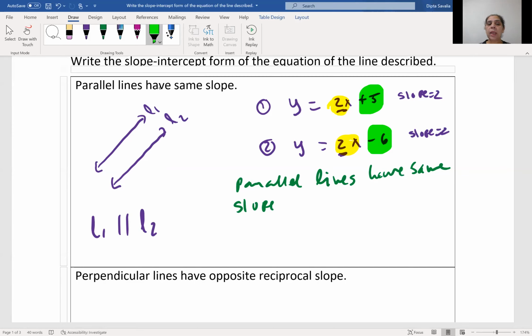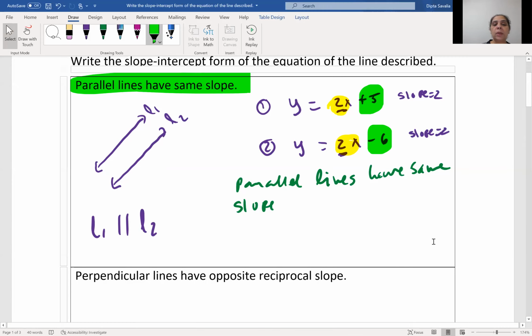So whenever the slope is the same and the y-intercept is different, those are parallel lines. If we have the same slope and the same y-intercept, then it will be exactly the same line. All right, so we will remember this: if we have parallel lines, then they have the same slope.